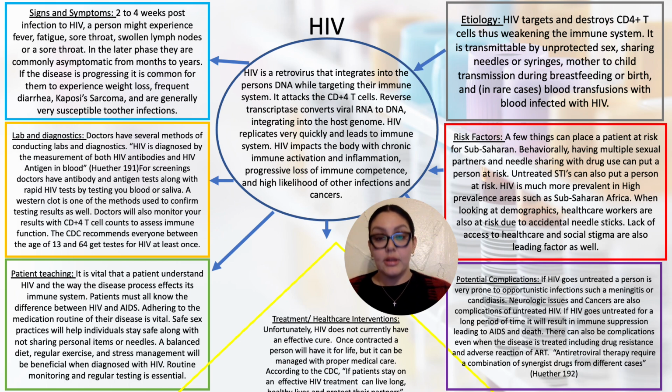Neurological problems, such as memory loss, difficulty concentrating, and other cognitive issues, and cancers. Progression to AIDS can also happen with advanced immune suppression, leaving the body defenseless, ultimately leading to death. These complications highlight the importance of early diagnosis and consistent treatment.